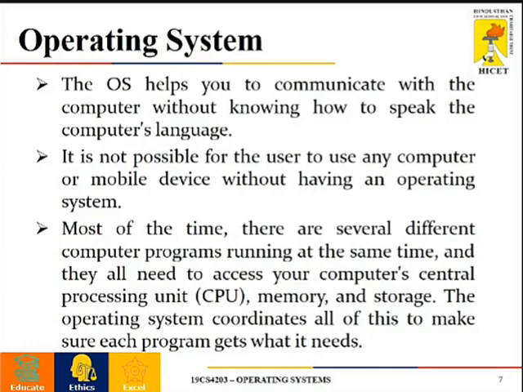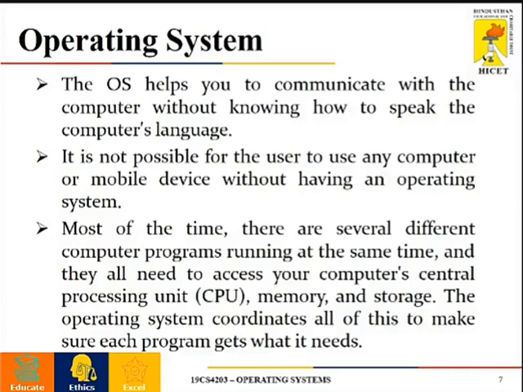We don't know the computer's language, which is normally machine language, represented only in ones and zeros, but the OS knows how to communicate in the computer language to make the computer understand what we are trying to speak, to make the hardware understand and get our job or task done, get our application program run. So it is not possible for the user to use any computer or mobile device without having an operating system. It is impossible to run any application program without an operating system, be it a desktop, laptop, or a mobile device.